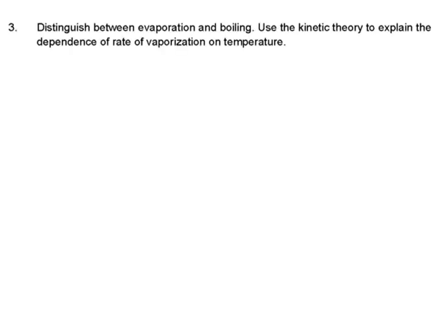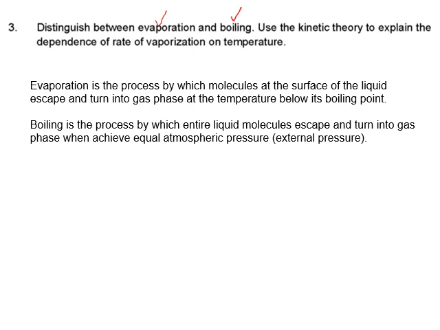Tutorial question number 3. Distinguish between the evaporation and boiling process. Evaporation basically involves the molecules at the surface, and they try to escape to turn into gas. Normally the temperature for the surface liquid to convert to gas is below their boiling point.